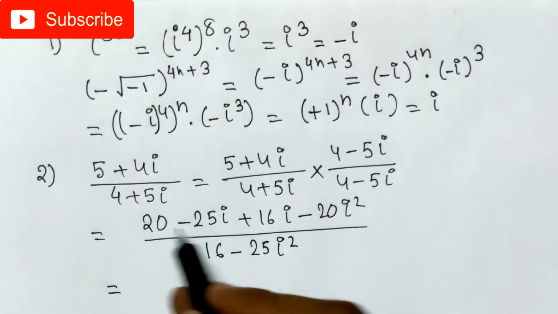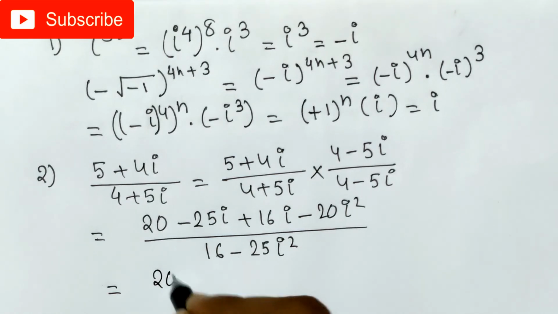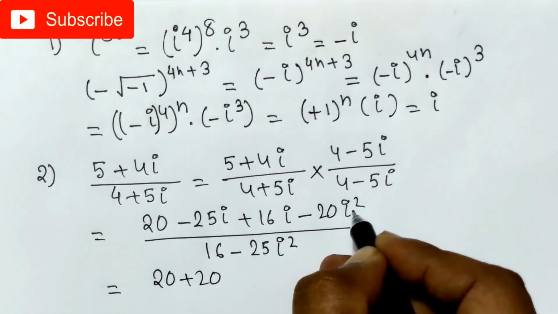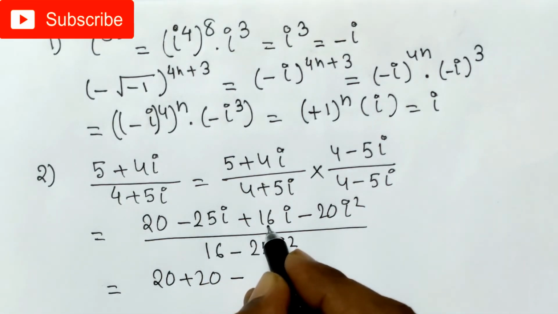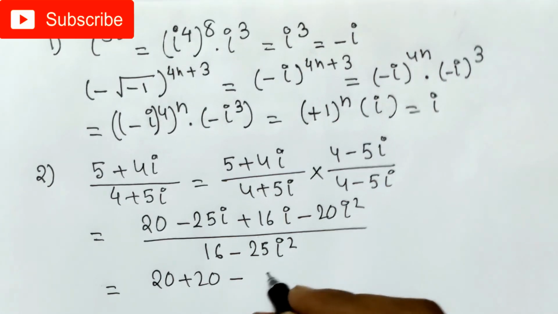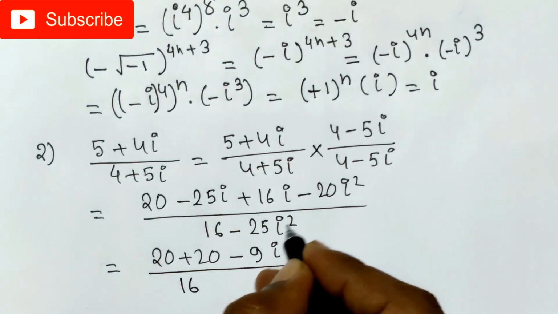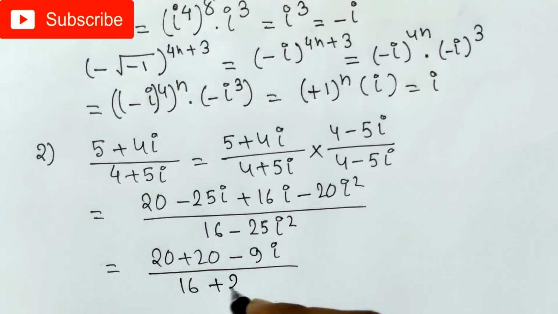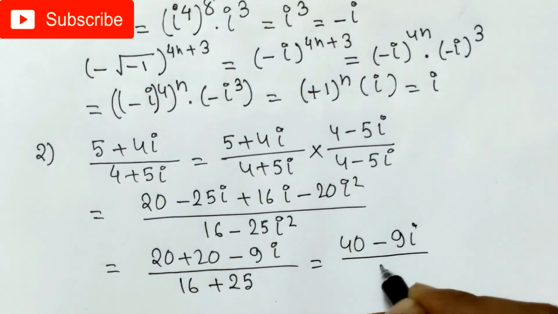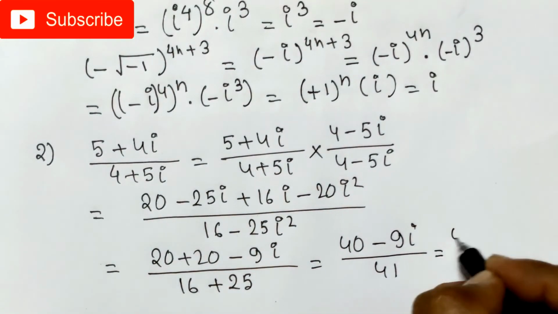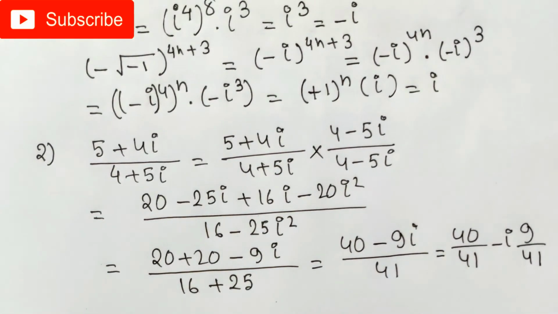Now i square equals minus 1, so minus 20 i square is plus 20. And minus 25 iota plus 16 iota gives us minus 9 iota, divided by 16 minus 25 i square, and i square is minus 1, so this becomes plus 25. So this is (40 minus 9 iota) by 41. This equals 40 by 41 minus iota into 9 by 41.